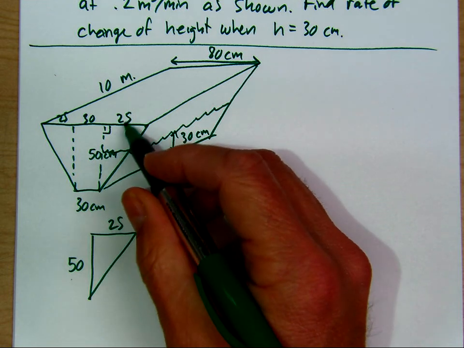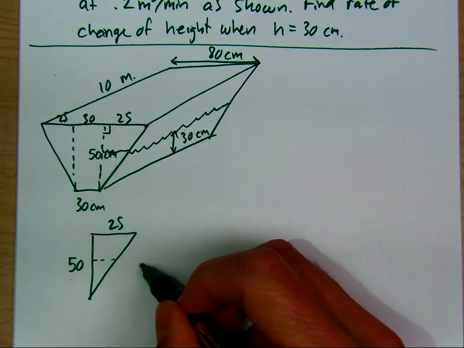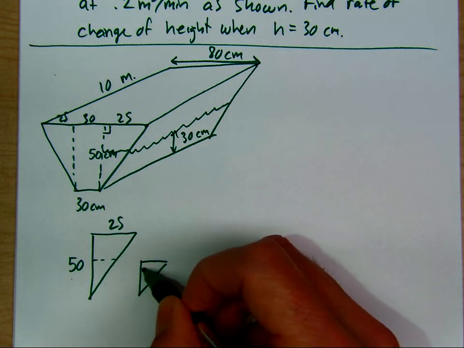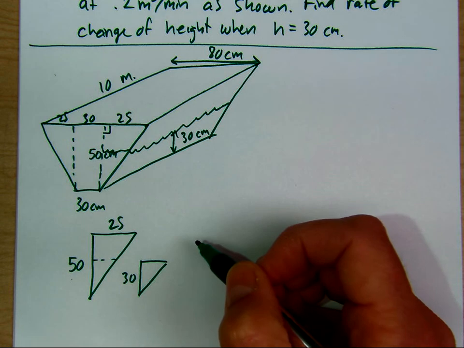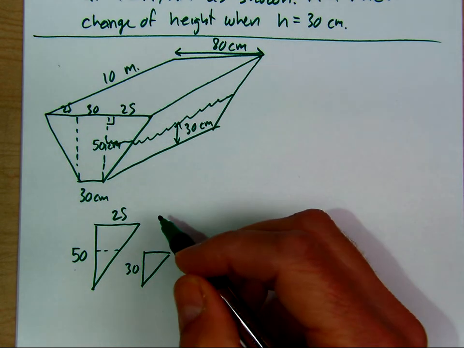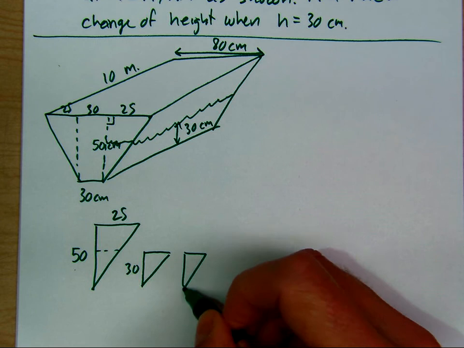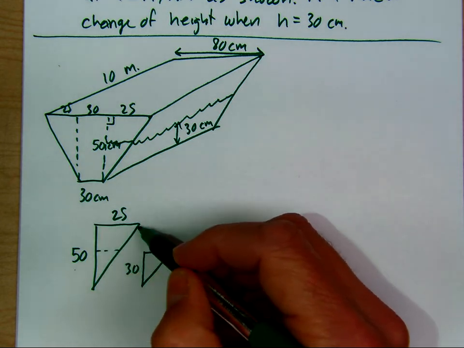It's going to be less than 25. So we're going to have this small triangle, similar to that one, and that's going to be 30. And we can see that whatever the height is, the base is going to be half of that.